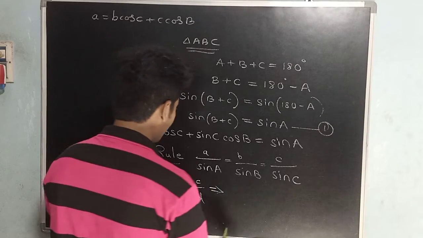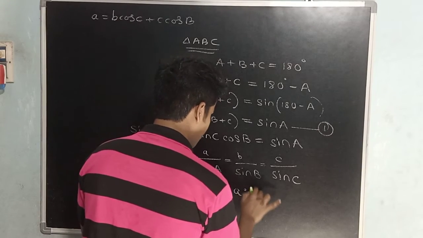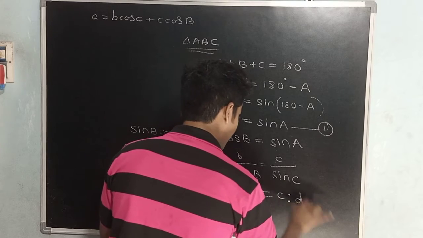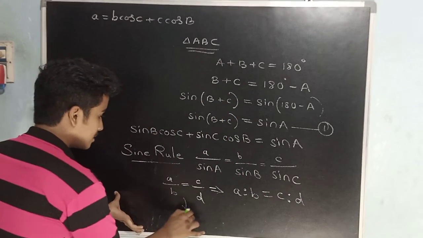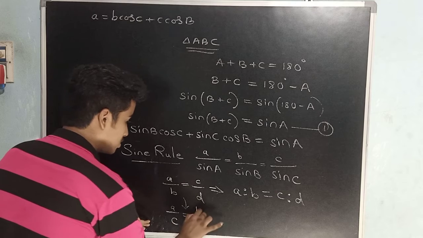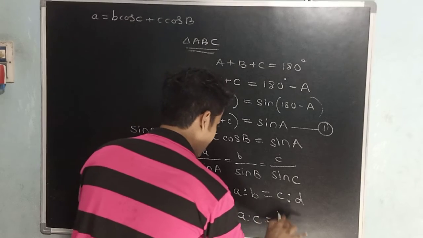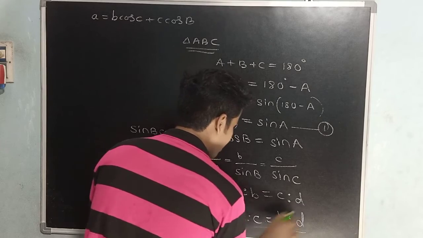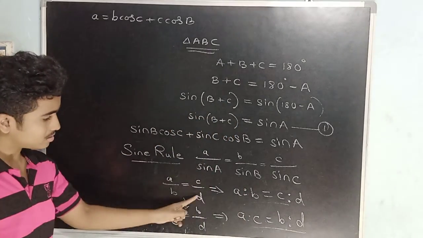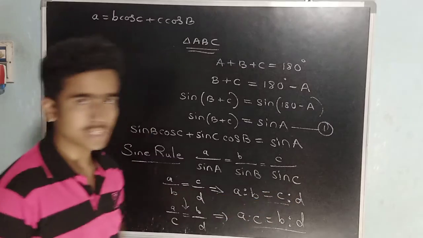What we can see here? a is to b is equal to c is to d.